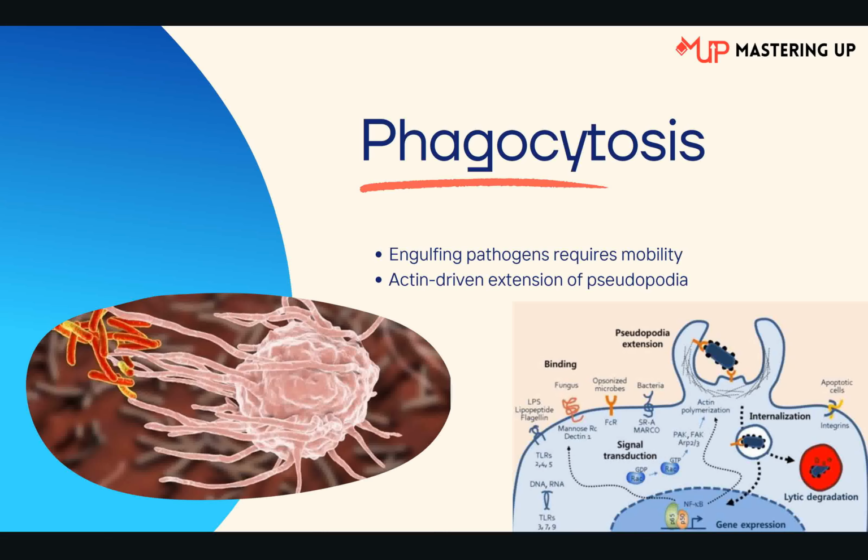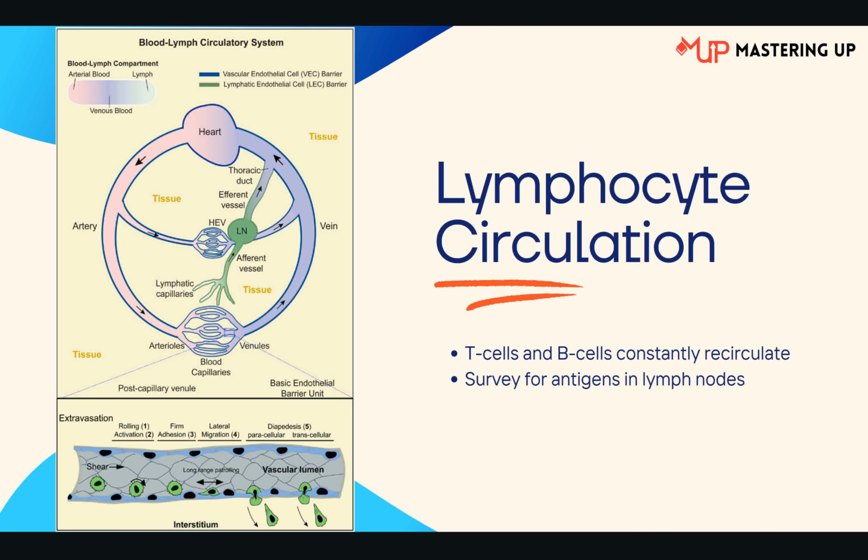Now let's see lymphocyte circulation. We have seen the neutrophils and macrophages, and now we are going to see the lymphocytes. Lymphocytes, like T cells and B cells, are constantly on the move. They circulate between the blood and lymph nodes. Thus, they scan for signs of infection or abnormal cells.